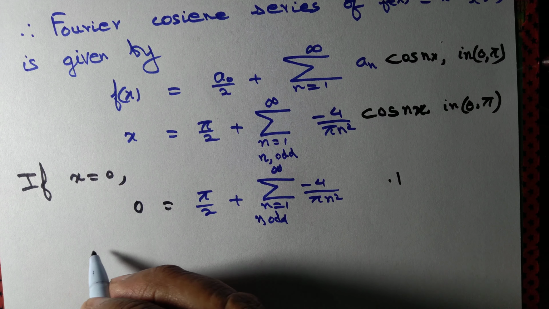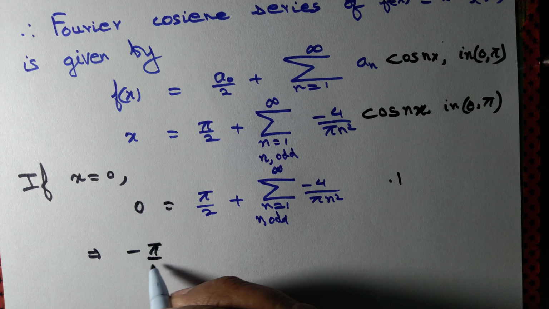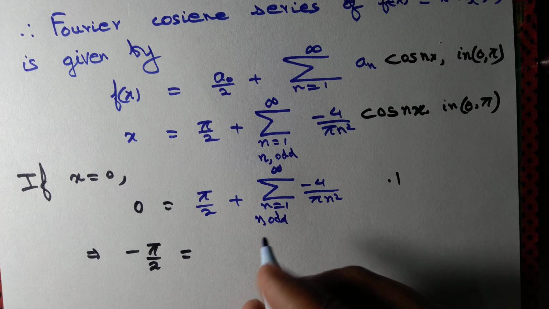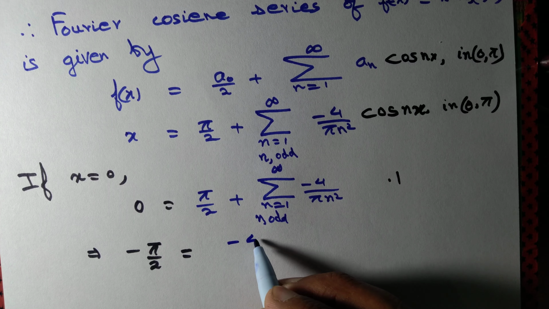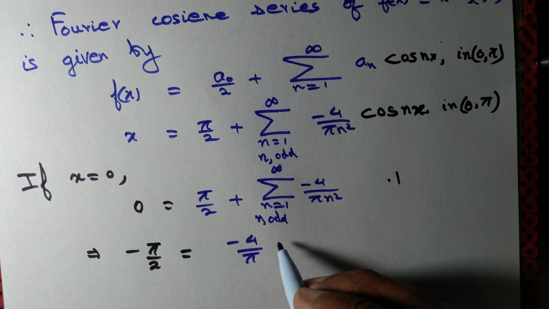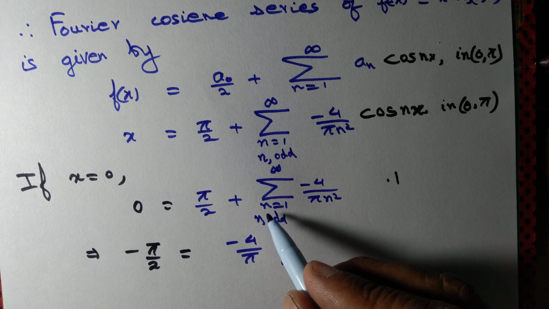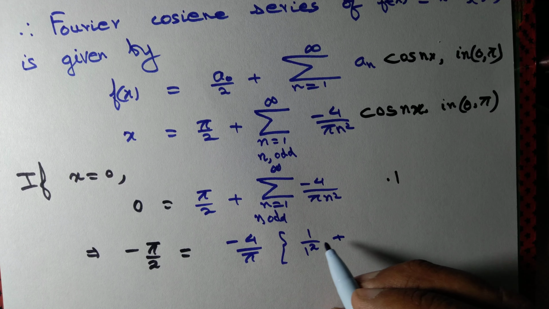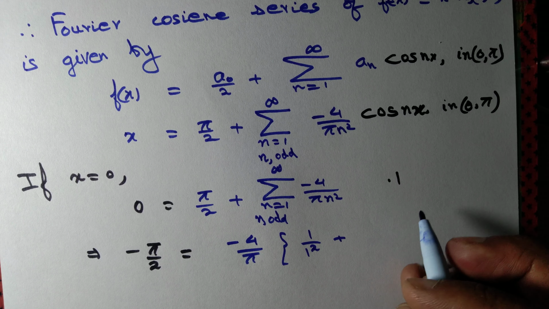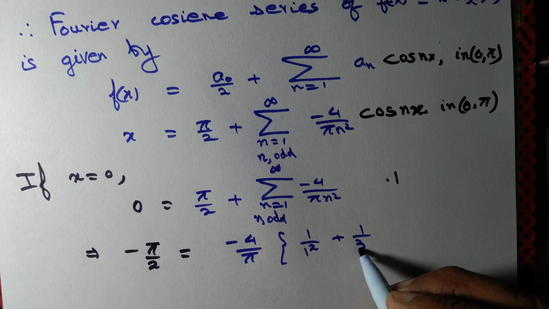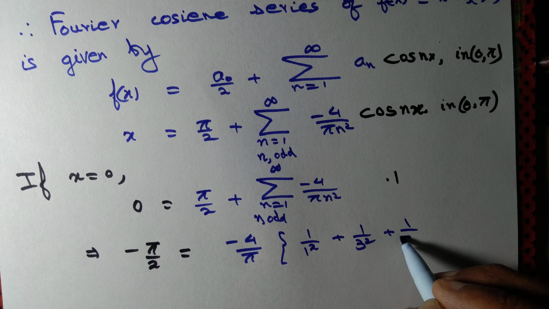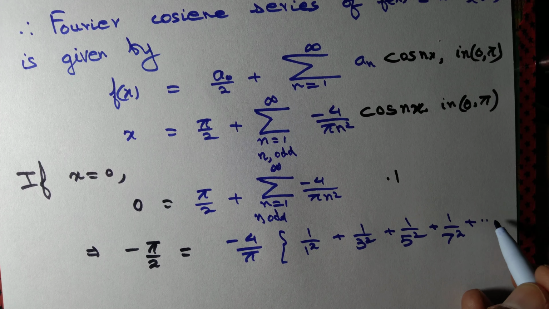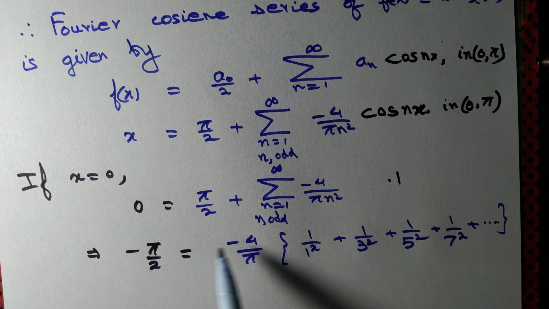So that will give us minus pi by 2 equal to, let's expand this, minus 4 by pi, that we can write outside the summation, n odd. So we'll take n equal to 1, 1 by 1 square. n equal to 2 we cannot take, n has to be odd. So n equal to 3, 1 by 3 square. Take n equal to 5, 1 by 5 square. Take n equal to 7, 1 by 7 square, and so on. We can cancel minus out.